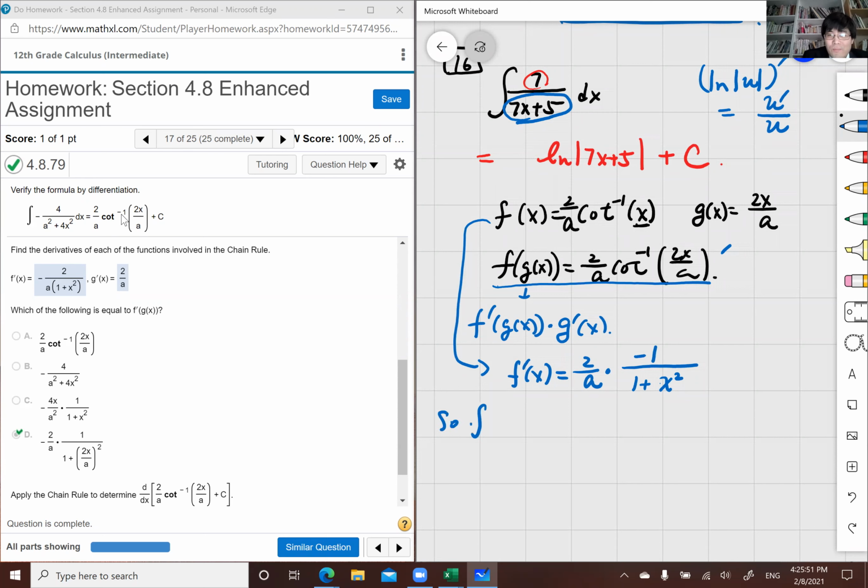So f dash of g of x will be, this part is going to become this. So that's the only difference. So it's going to be negative 1 over 1 plus (2x over a) squared.